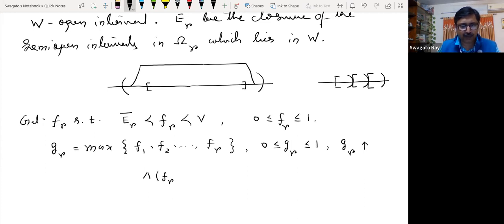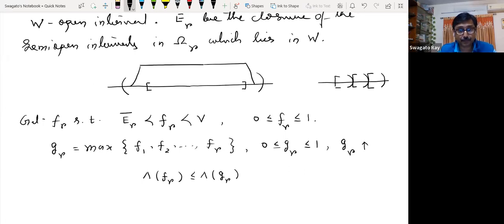This lambda FR is certainly lesser equals to lambda GR. Now this GR, which is the maximum of these functions, is always less than or equals to 1. Correct?